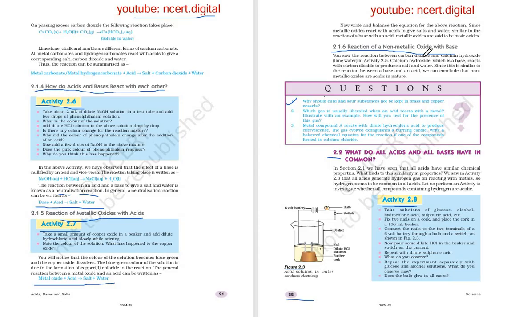You saw the reaction between carbon dioxide and calcium hydroxide, lime water, in Activity 2.5. Calcium hydroxide, which is a base, reacts with carbon dioxide to produce a salt and water. Since this is similar to the reaction between a base and an acid, we can conclude that non-metallic oxides are acidic in nature.